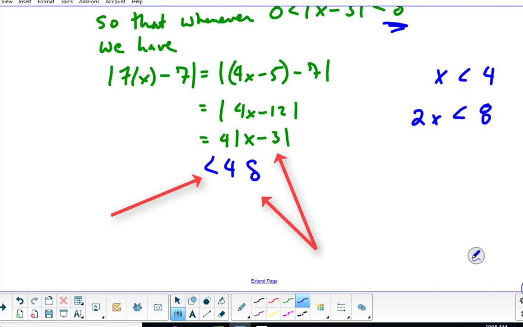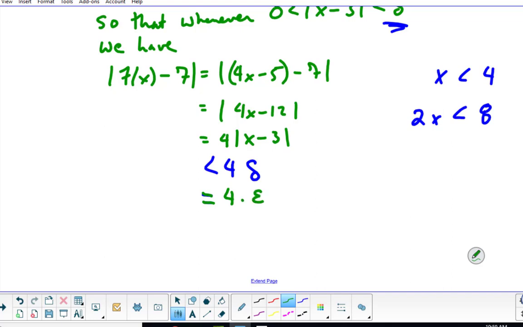Now this next part is just finesse. What do we know delta is? What do we set delta equal to? We set it equal to epsilon over 4, right?